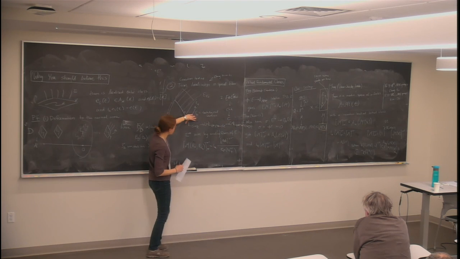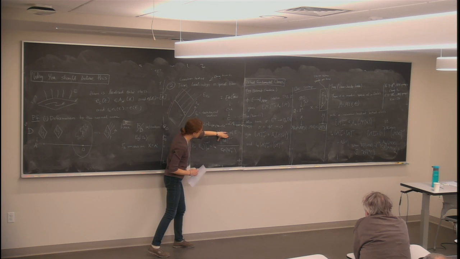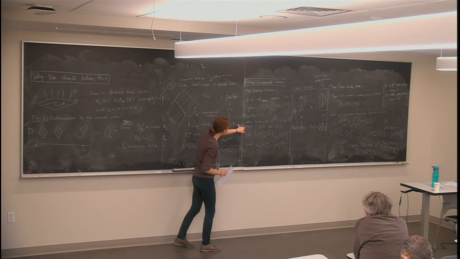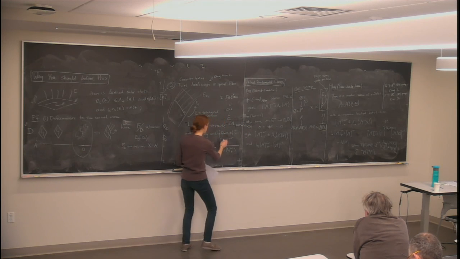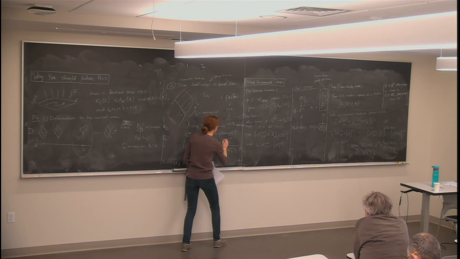And this fixed part is, by definition, the same as the canonical virtual fundamental class on X. And this moving part has an E and something like the dual of E. When I push it forward, this top part I'll just leave as it is. This is the canonical virtual fundamental class.